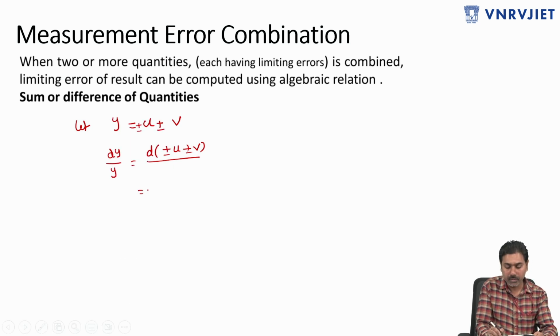Since this is a summation, the change can be split. So it can be written as plus or minus du by y plus or minus dv by y.